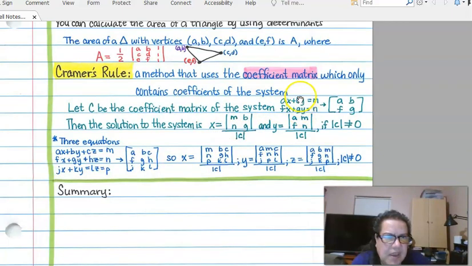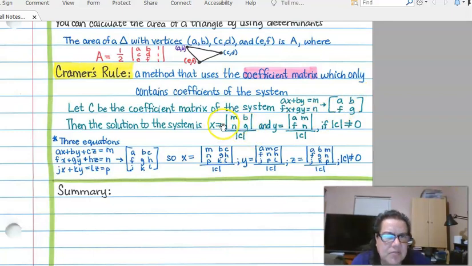You get the ones from the Y, the B, the G. Then to solve this, you're going to take the determinant. Remember, you multiply M times G minus B times N. You get that total. You're going to divide it by the determinant of your coefficient matrix, which is the A, B, F, G. So you just do A times G minus F times B. You divide those two.